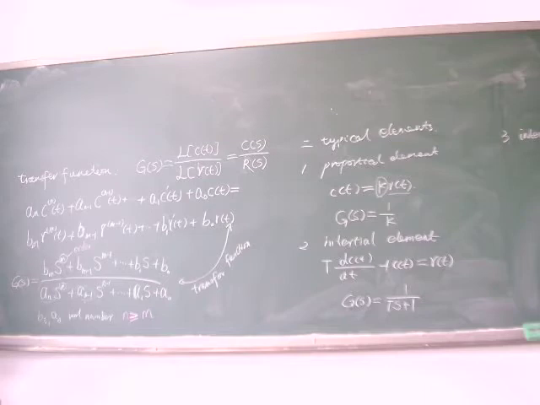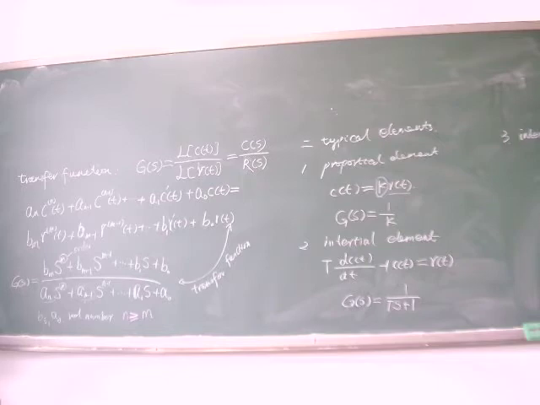Now, for the left, we can get R(s), and for the right C(s). C(s) by R(s) is the definition of transfer function. So it is equal to 1 by s.